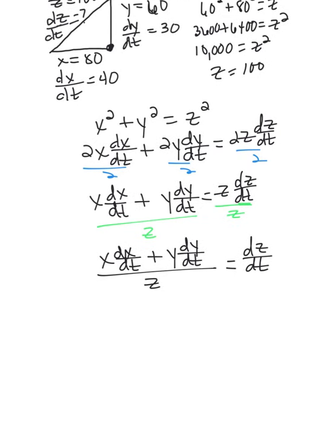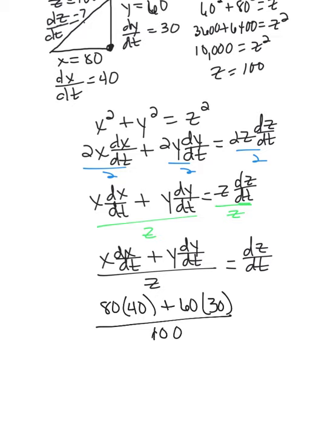So now we need to substitute in our values. Our x value is 80, our dx/dt is 40. Our y value is 60, our dy/dt is 30, and put that over the z of 100.